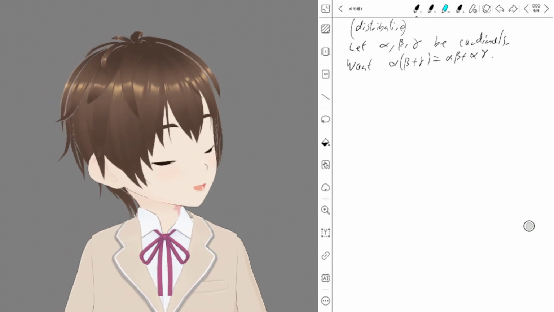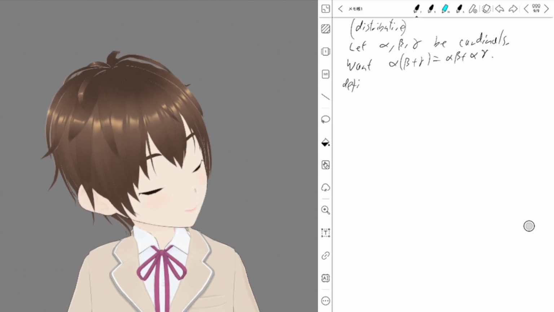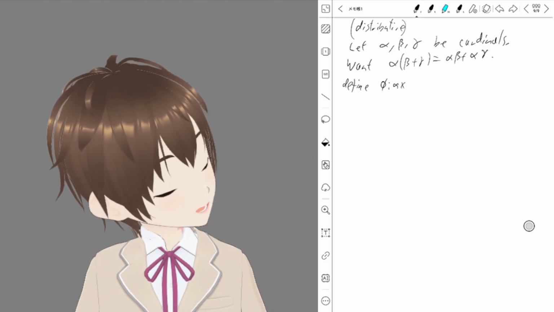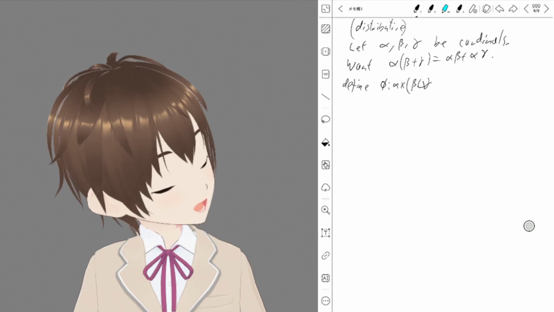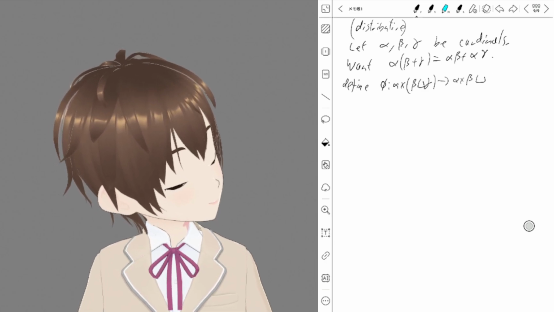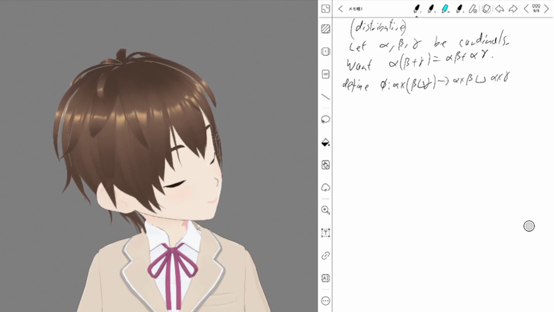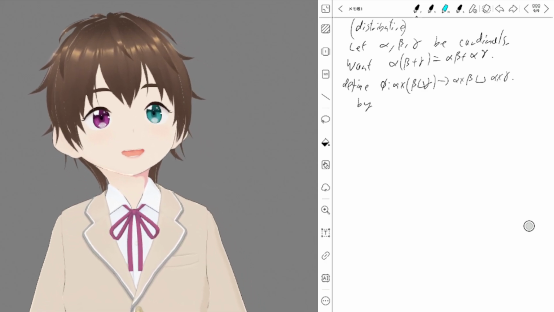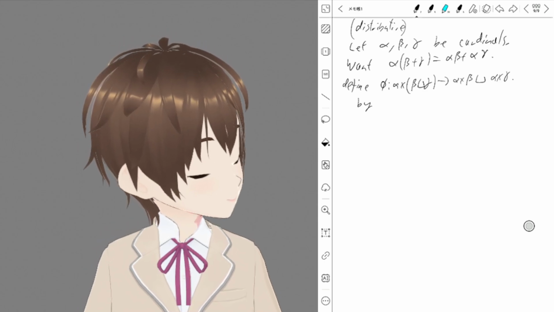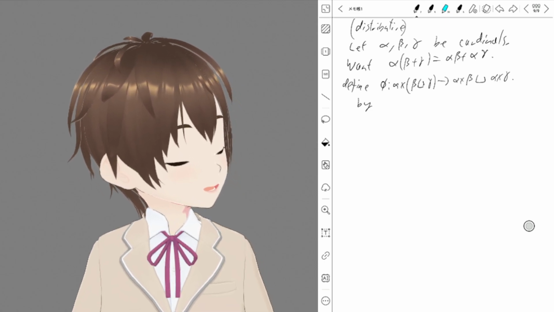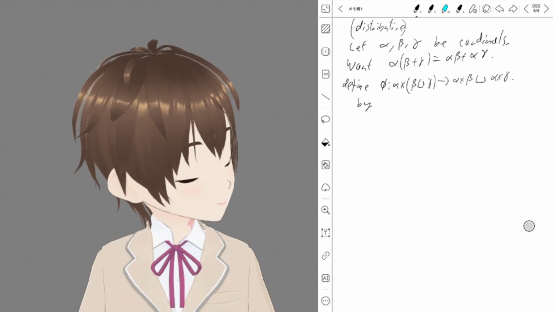And why does this work? Well, we define a bijection, so define phi from alpha times the disjoint union of beta with gamma to alpha times beta disjoint union alpha times gamma by, and then there's two cases. So what does a thing in alpha times (beta disjoint union gamma) look like? Well, it's either paired with a beta thing or it's paired with a gamma thing.